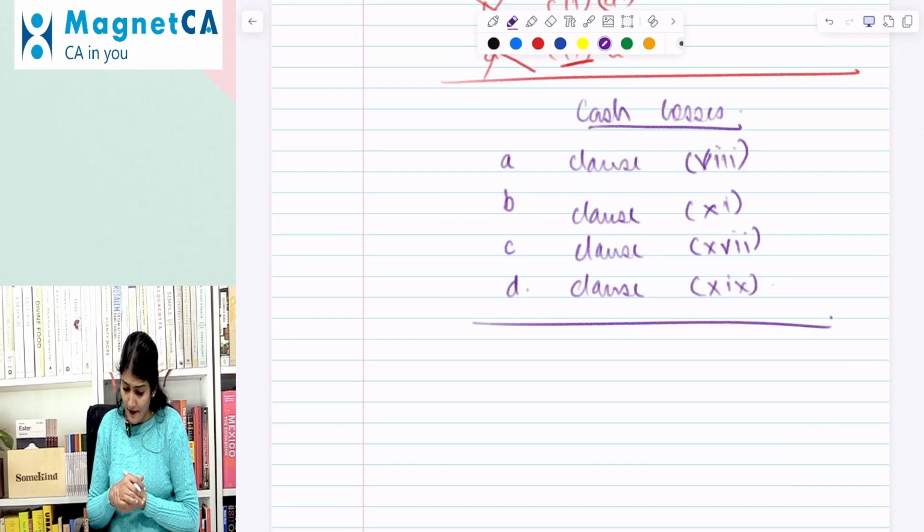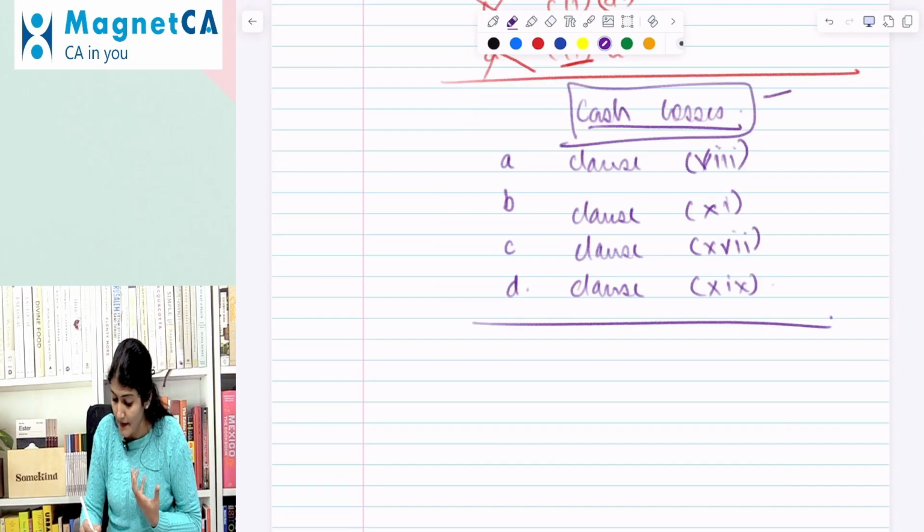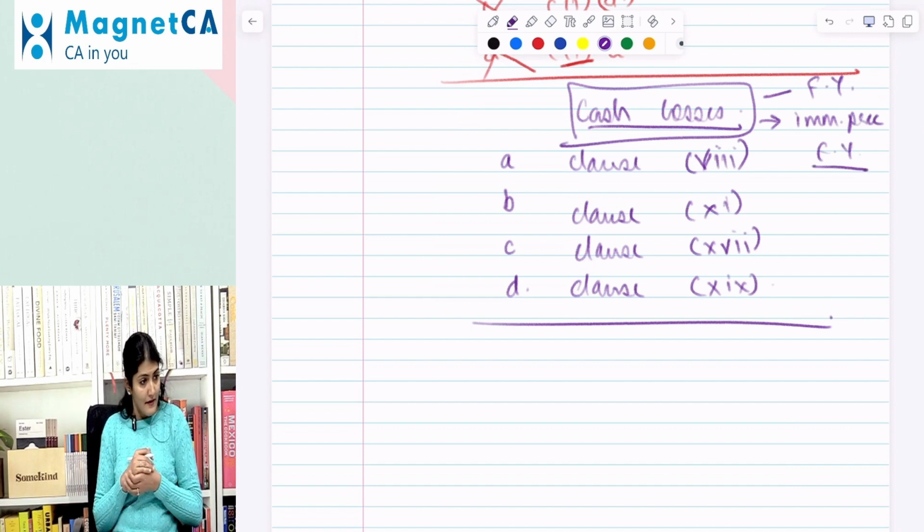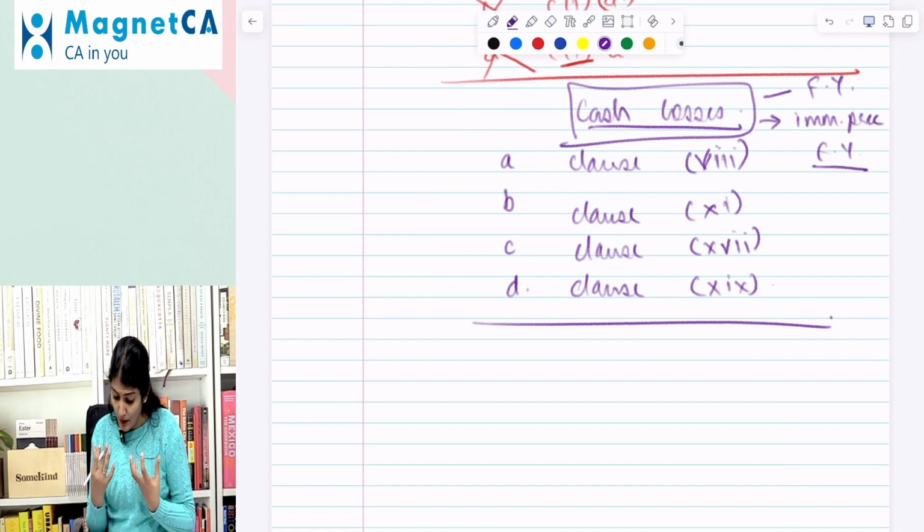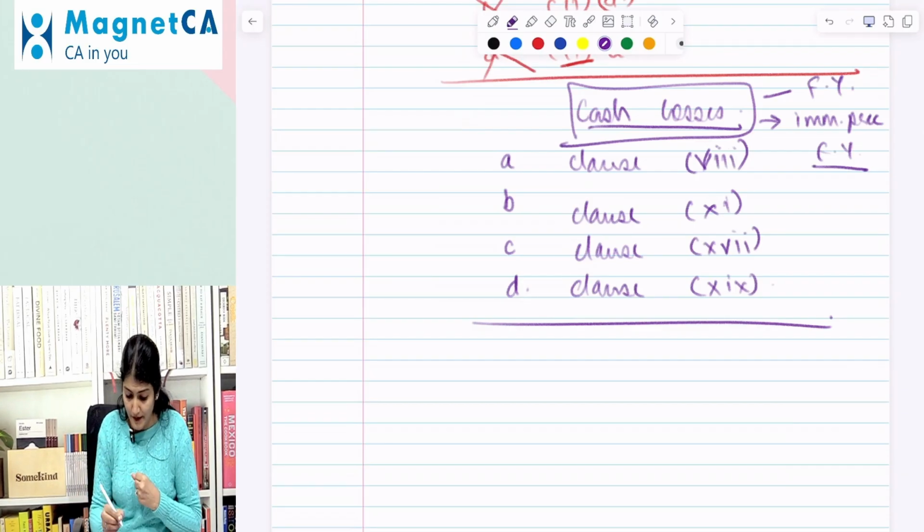You tell me, where will you report whether the company has incurred cash losses in the financial year and in the immediately preceding financial year? Where is it to be reported?